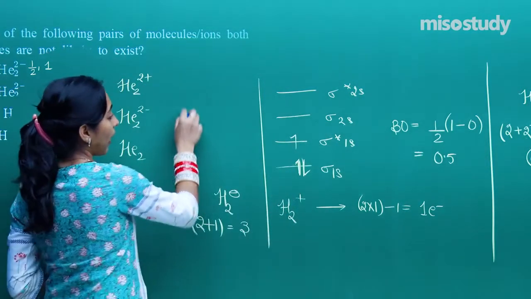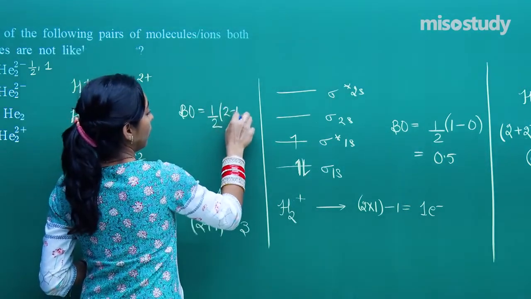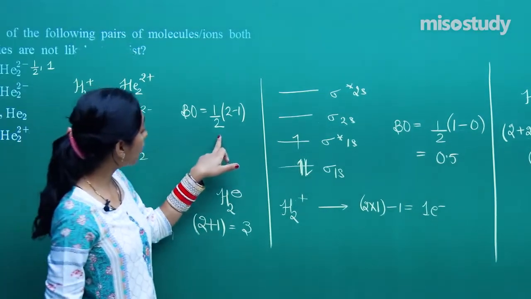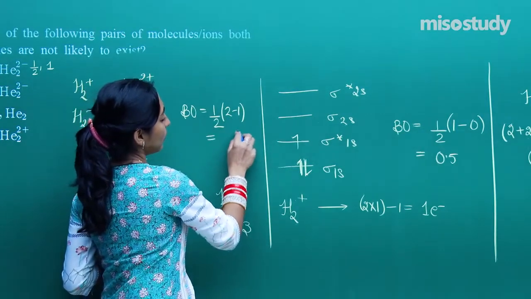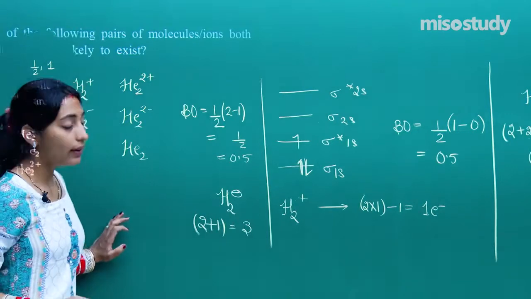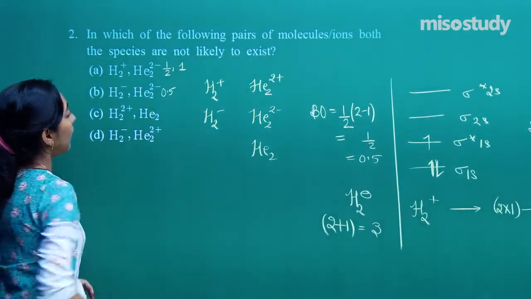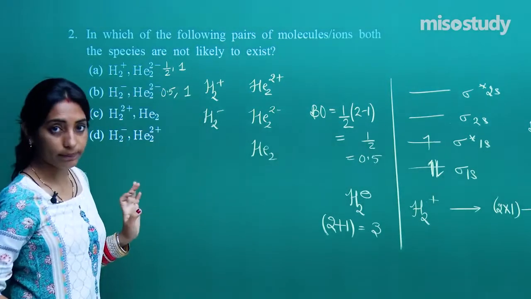Now to calculate the bond order, it is half of 2 minus 1, which comes out to be 1 by 2, which is 0.5, right? Then we have He2 2 negative, which again comes out to be 1.